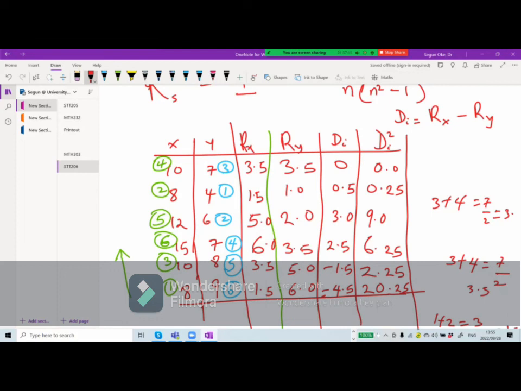Please be careful with the point. 0.25 plus 9.